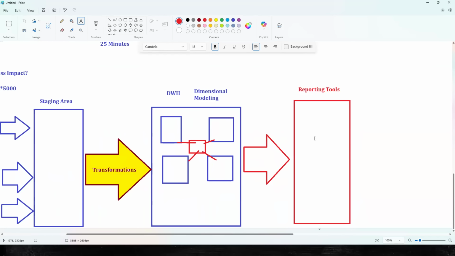It can be Power BI, MSBI, and then if you go with OBI, Oracle OBIEE, QlikView and Tableau. Like that, a lot of tools are there, etc.